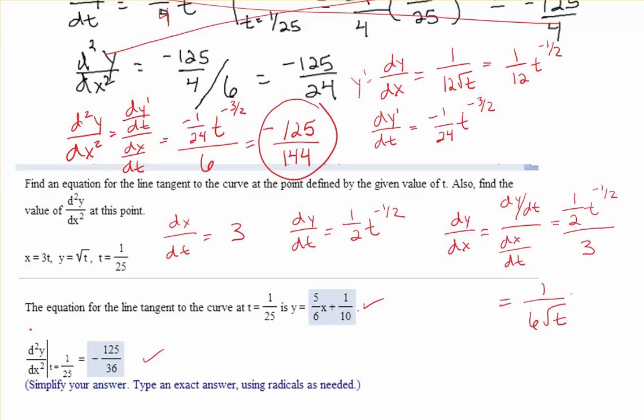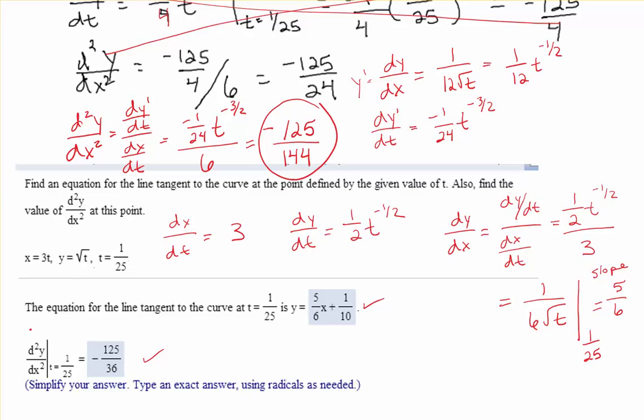Now, when you evaluate that at 1/25, the square root of 1/25 is 1/5, but in the bottom, that's like putting the 5 up top. So this is going to be equal to 5/6. So that's your slope, your 5/6.